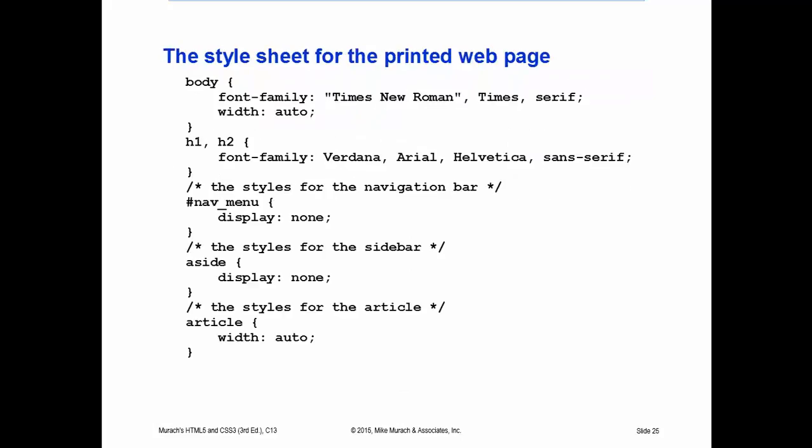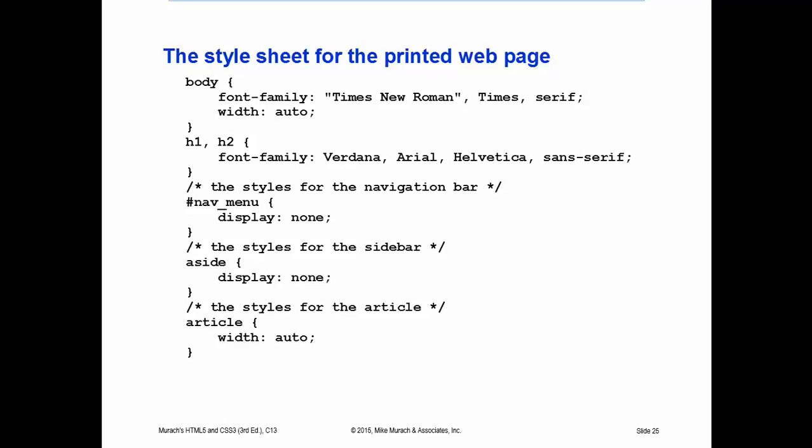And then finally, here's an example of a style sheet for a printed page on page 471. All of the rules in the print style sheet override the settings in the style sheet for the screen. The width of the body and article are set to auto, so they will be as wide as the printed page permits. The font family is set to a serif font.